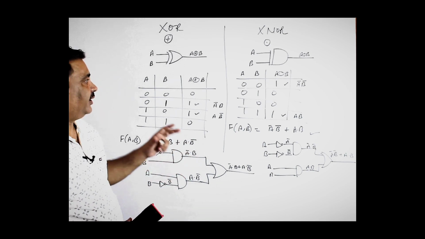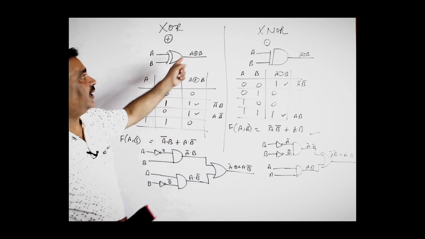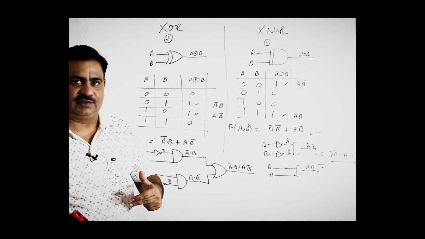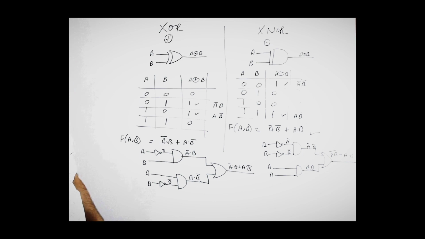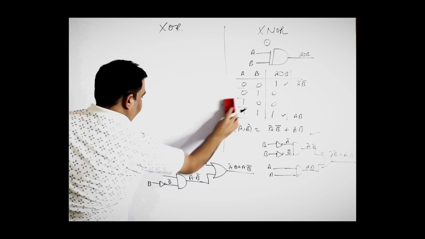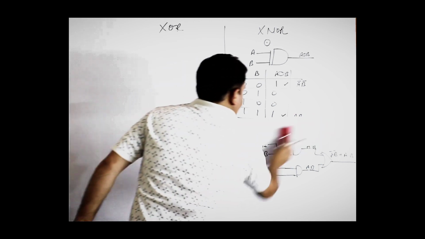Now, I told you XOR and XNOR are complements of each other. How can we prove this? Let us prove that the complement of XOR is the XNOR gate.